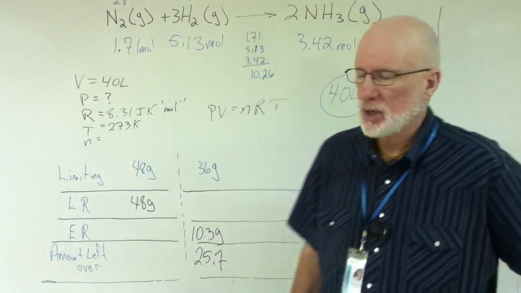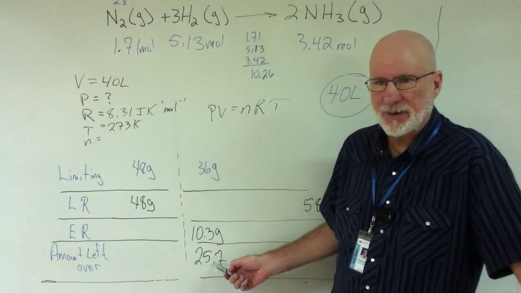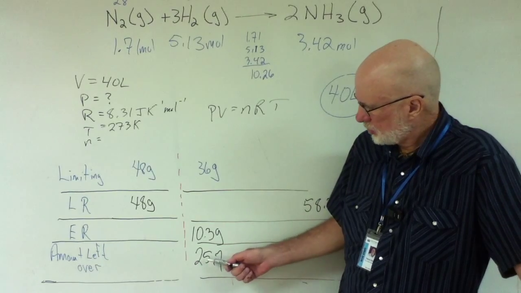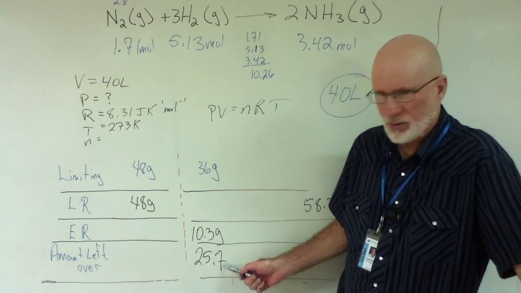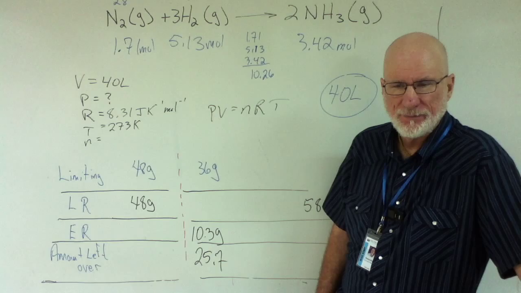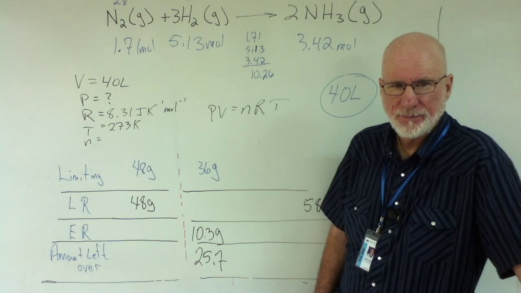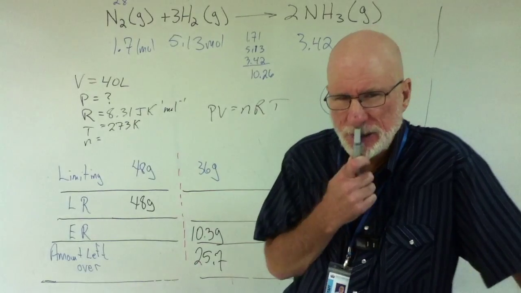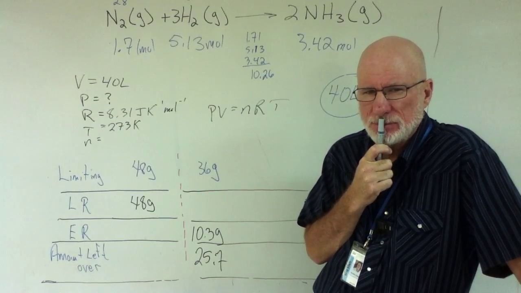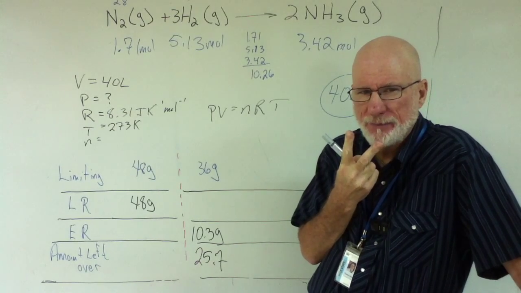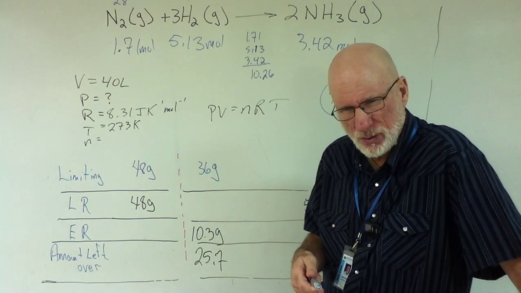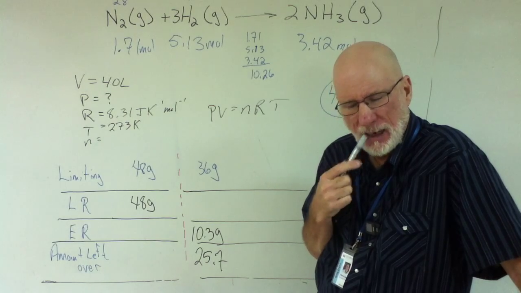So how many moles of excess am I going to have? 25.7 grams of hydrogen. How many moles is that? What's the mass of 1 mole of hydrogen? 2. So 25.7 grams divided by 2.